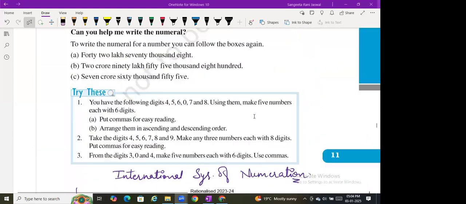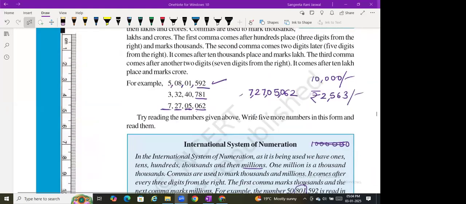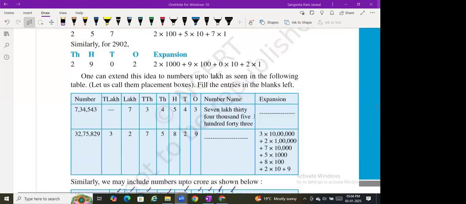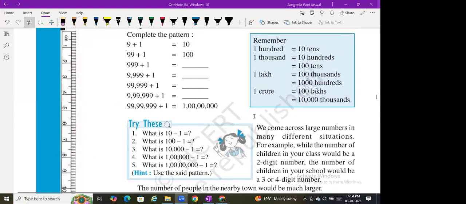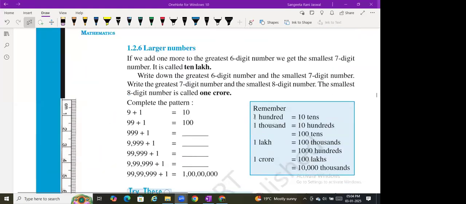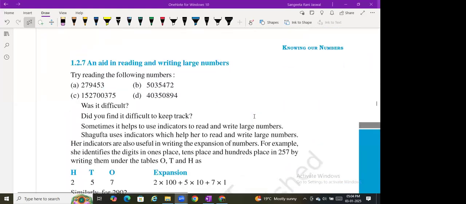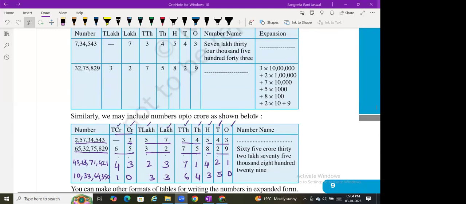I didn't do that because I thought you knew. You told me that you know. Okay, now see this place value chart. Trilokya, please pay attention, and others also, those who don't know.